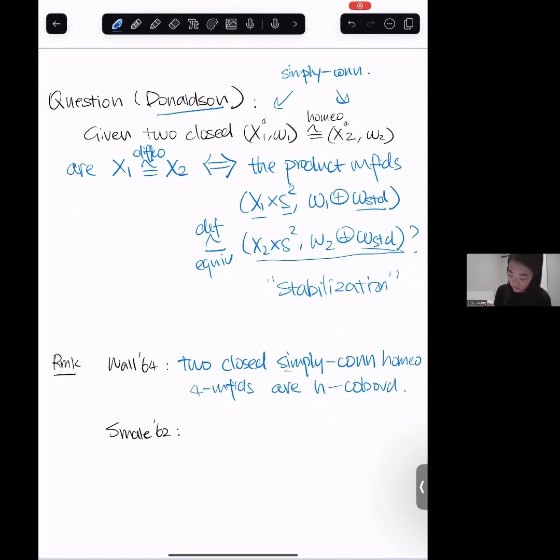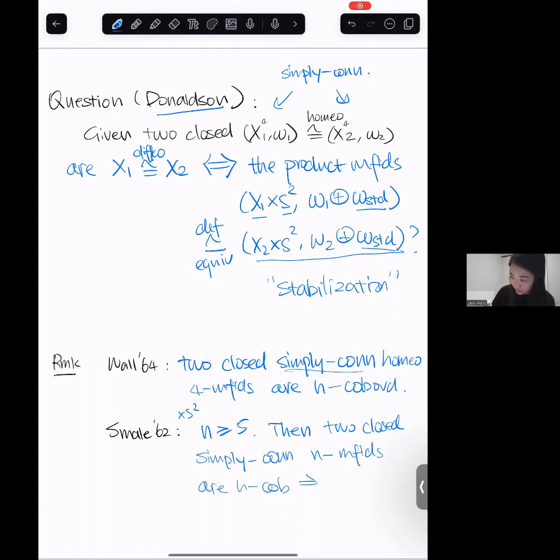So two closed simply connected homeomorphic four manifolds are h-cobordant. And now if we take cross S2, we're in dimension 6, and two closed simply connected five manifolds, if they are h-cobordant, then they are diffeomorphic.